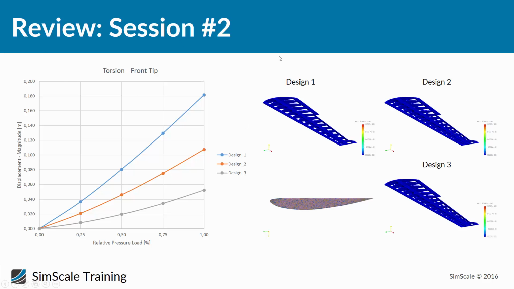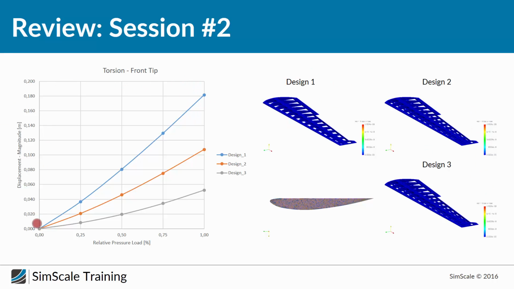And here we have in the end two points we took a look at. Here we have a point, the front tip point, which we are looking at right now. And it's again the same.